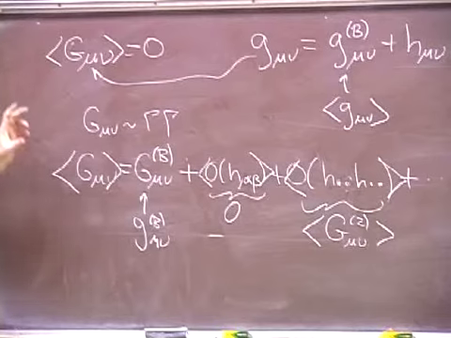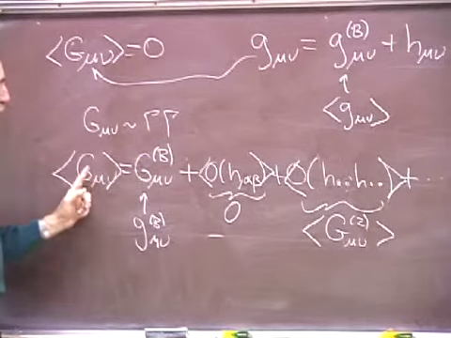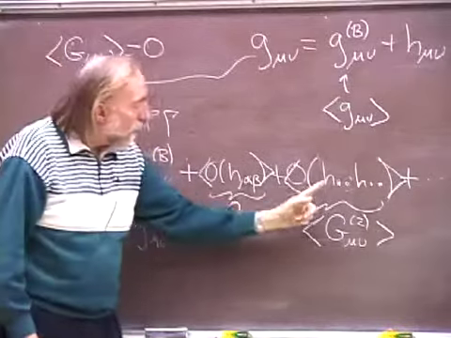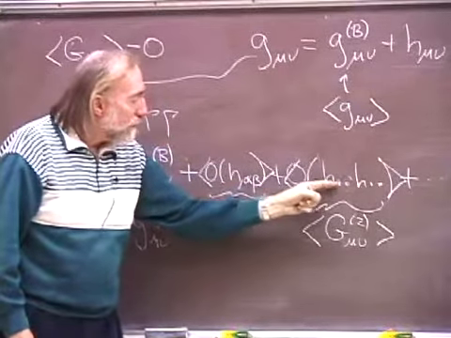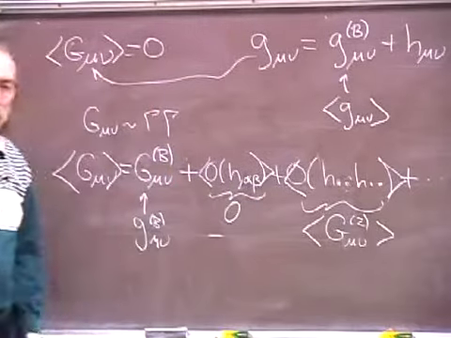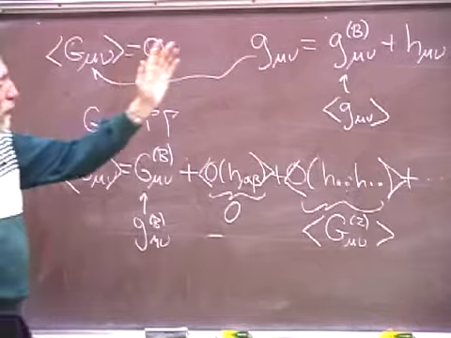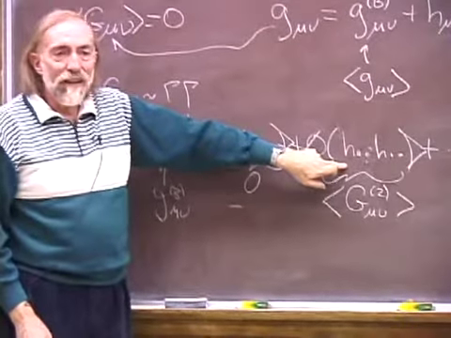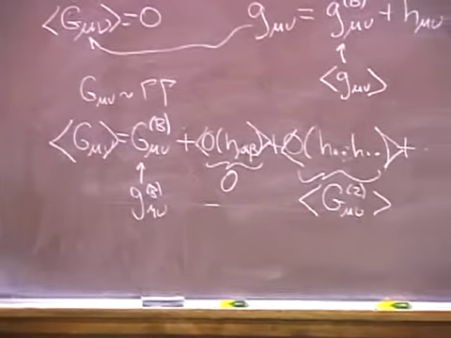So if you just go through all the algebra to compute the Einstein tensor, you'll wind up with this piece and that piece. And what defines this piece is it's the piece that is quadratic in h. And we throw away anything at higher order. Remember, h is like 10 to the minus 21, so the next cubic term is a lot smaller than the quadratic term.